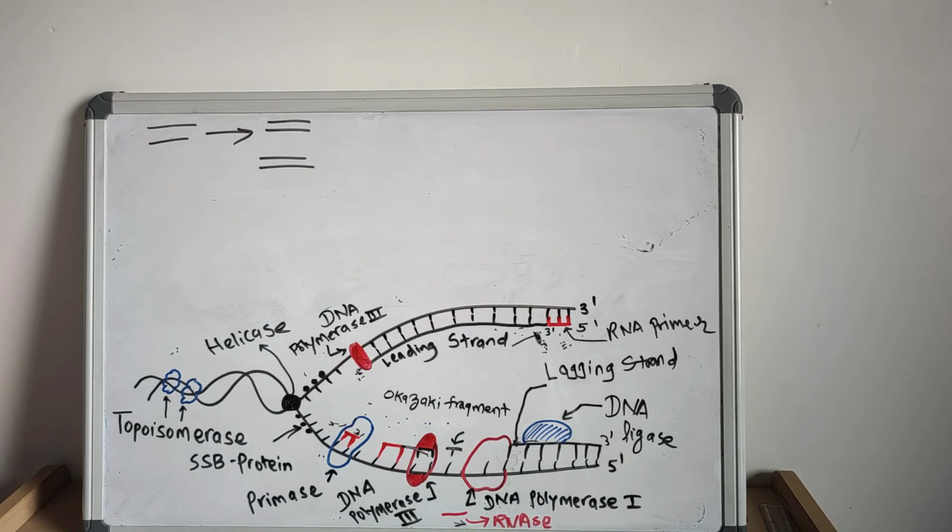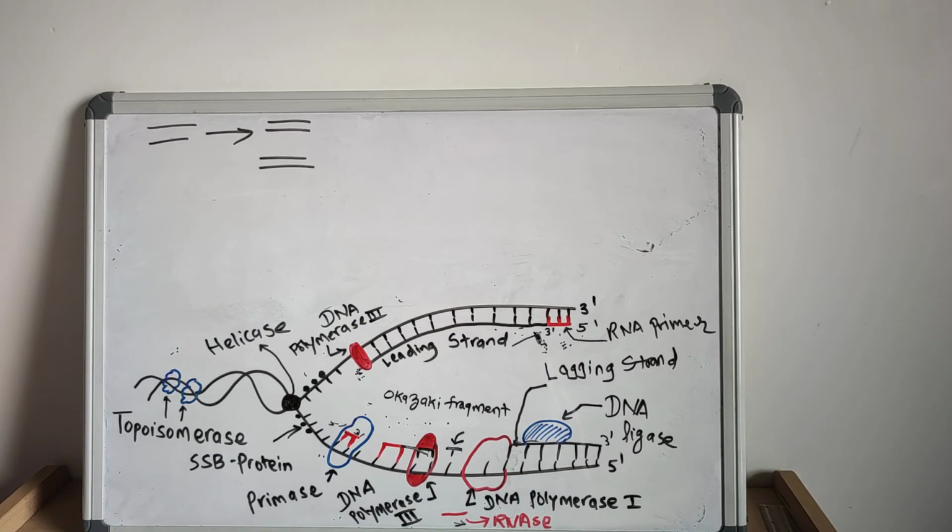The removal of the RNA primer in the prokaryotes is done by the DNA polymerase 1, whereas in the eukaryotes it is done by the RNase H. The replacement of the RNA with the DNA is done by the DNA polymerase 1 in the prokaryote cells, whereas DNA polymerase delta in eukaryote cells.